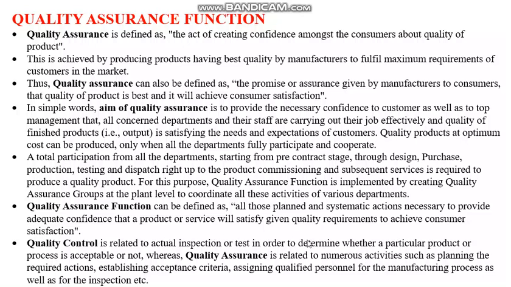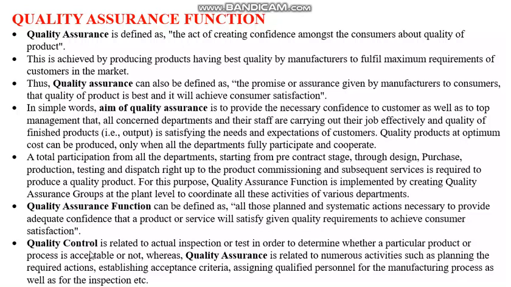See, all our goal is customer satisfaction, consumer satisfaction. So consumer should be satisfied, and for that all those activities or actions which are planned and which are necessary to provide the confidence in the product, all that will be quality assurance function.